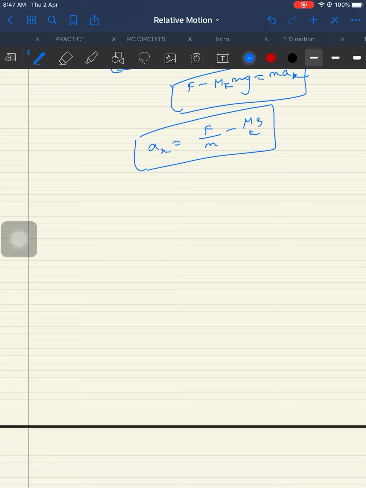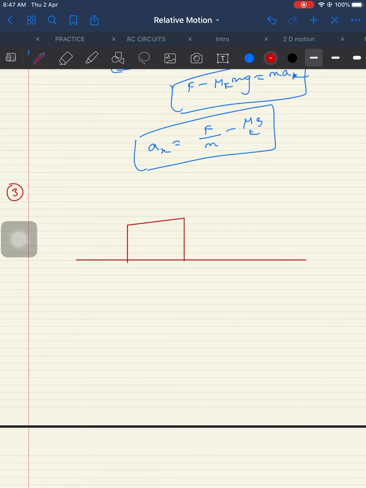We will go to one more simple problem, this is the third example. There is a horizontal surface and there is a block here.